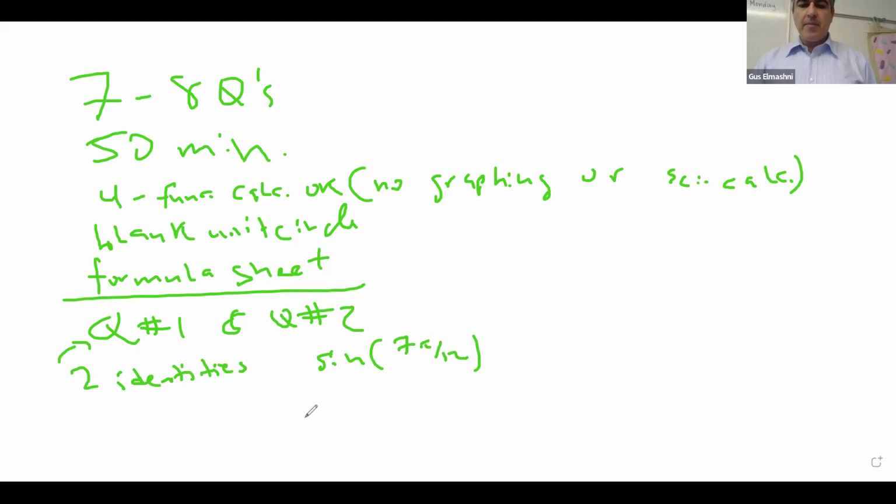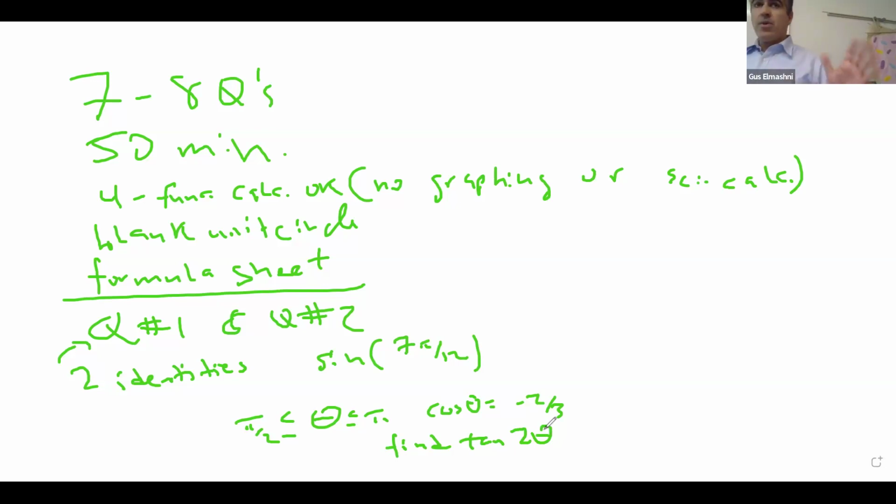Or like, theta is between pi over 2 and pi, and you're told cosine theta equals negative 2/3. Find tan 2 theta. Those kinds of problems we just did. So that's half the test right there. Those 2 quizzes already constitute half the test that we've done so far.